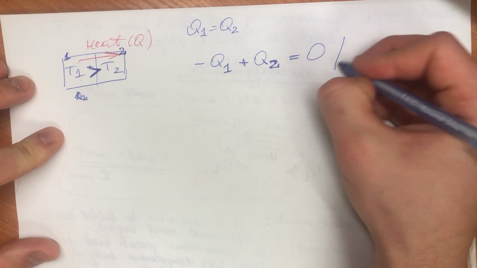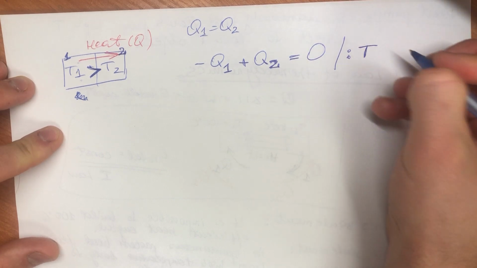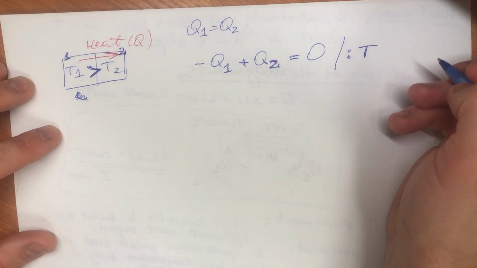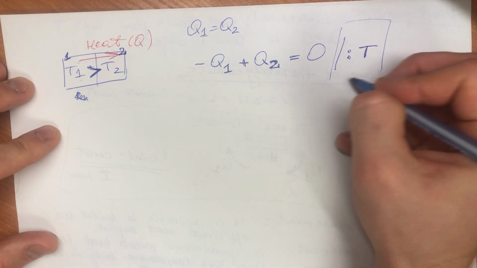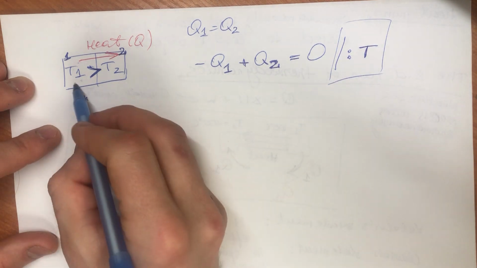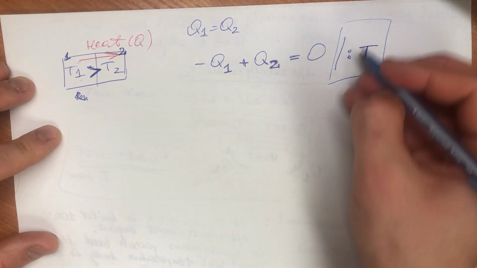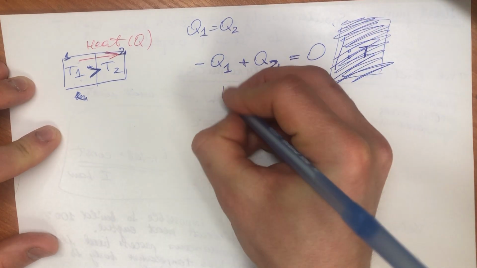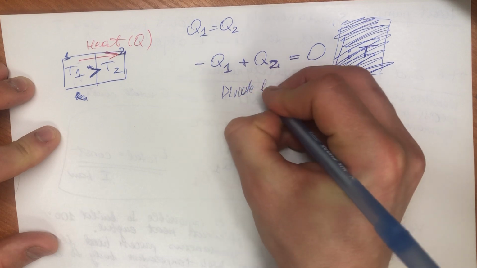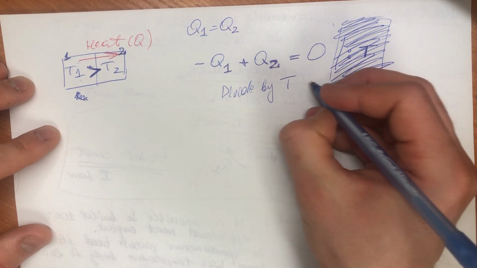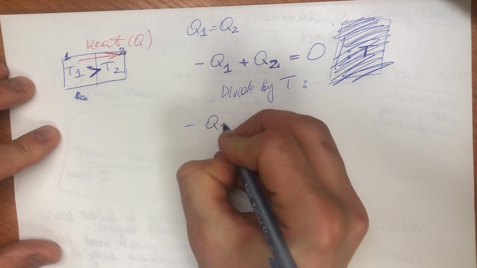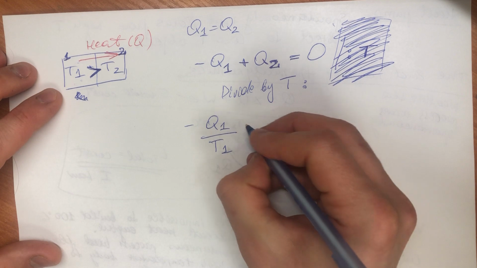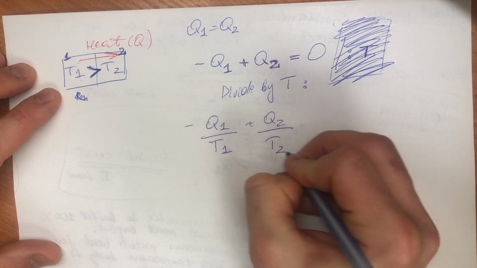But we can divide this by temperature. Here the temperatures are different, so let's divide by T: minus Q1 divided by T1 plus Q2 divided by T2.